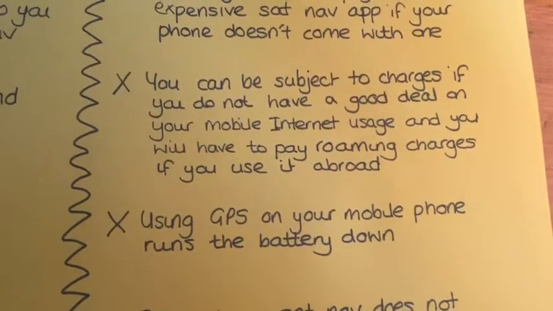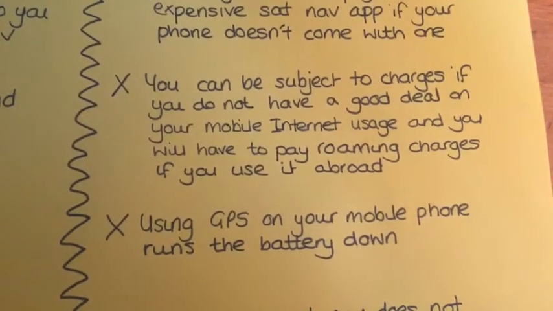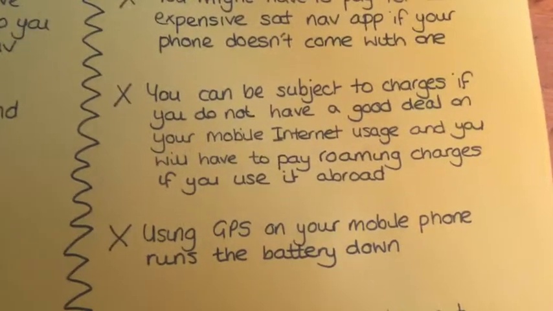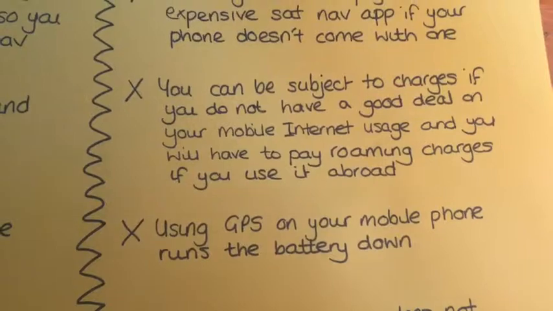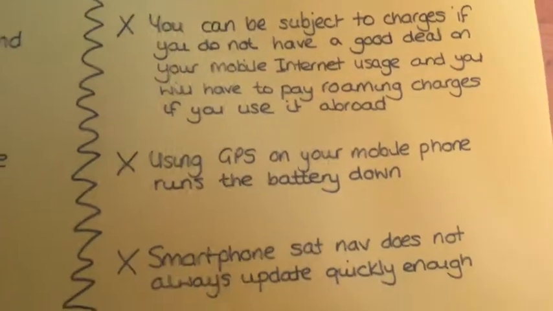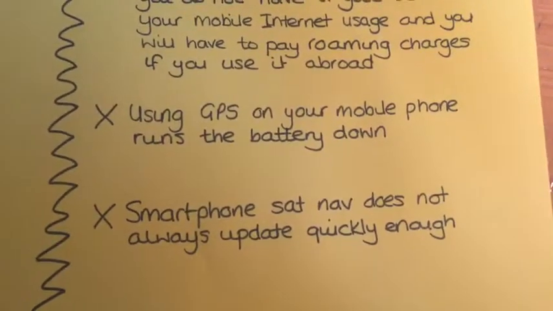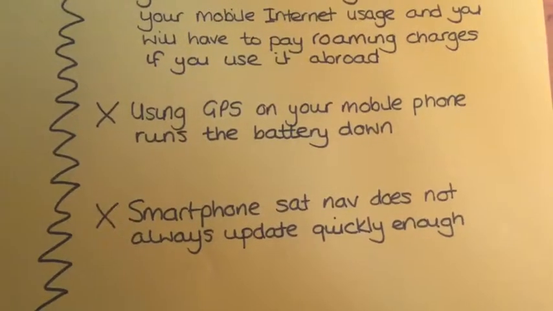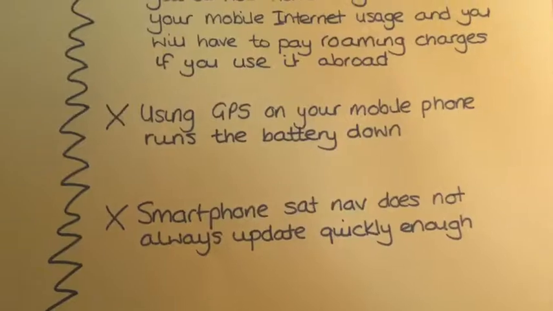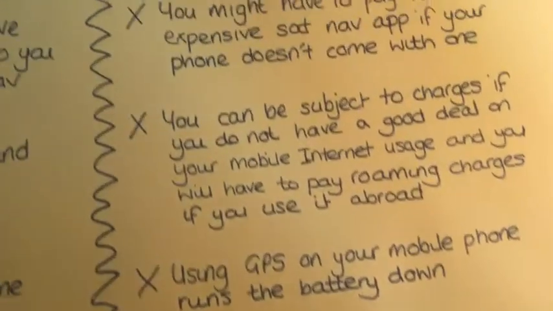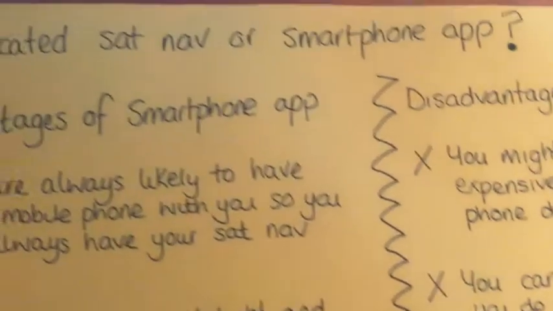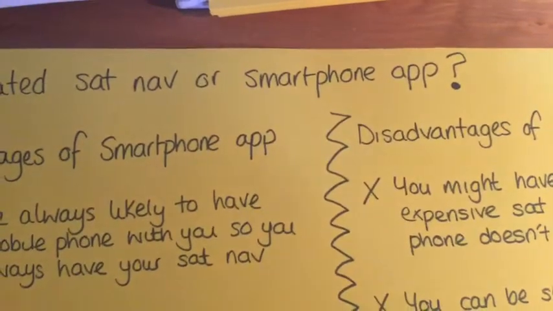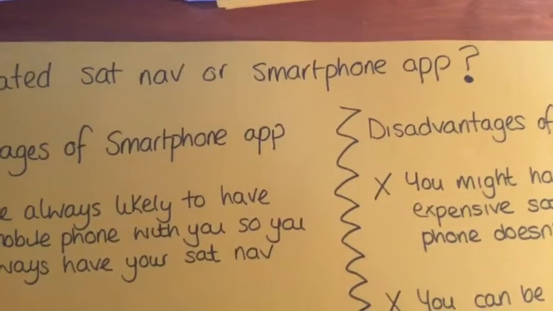And using GPS on your mobile phone runs the battery down, so you might go on a journey, use your GPS on your phone, and then you've got no battery power at the other end. And smartphone sat-nav does not always update quickly enough, which could cause you to miss instructions and end up getting lost. So those are the advantages and disadvantages of buying a smartphone app or having a dedicated sat-nav.